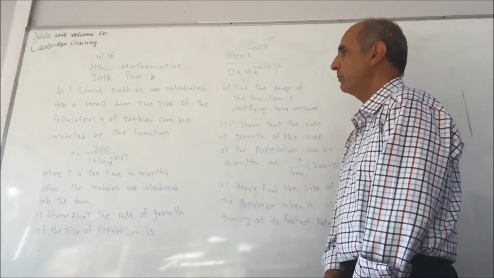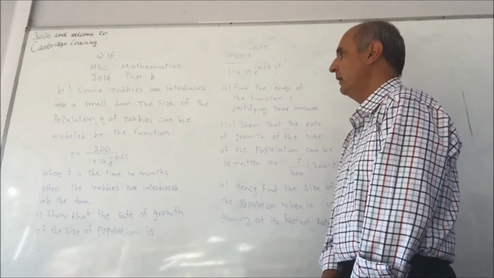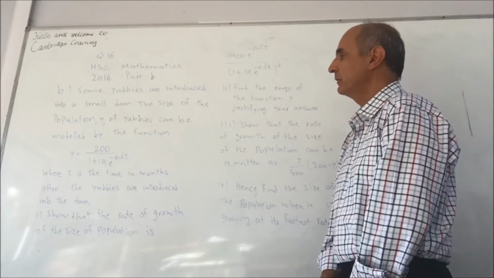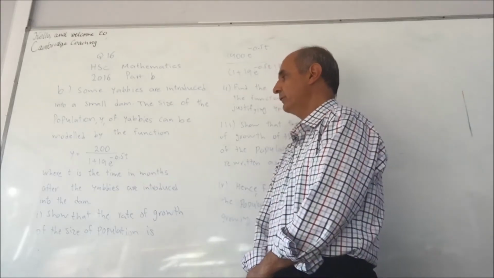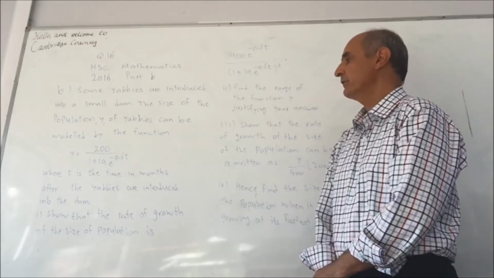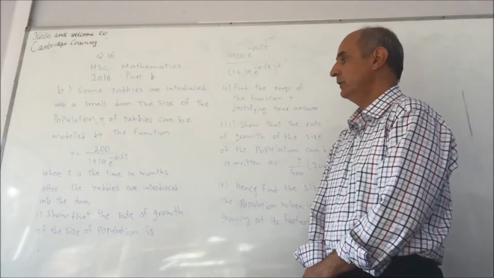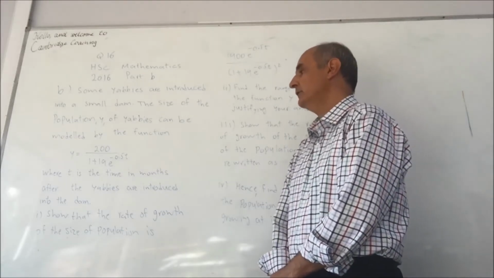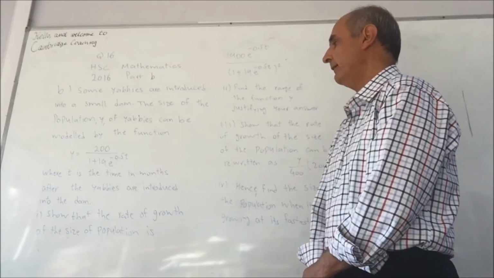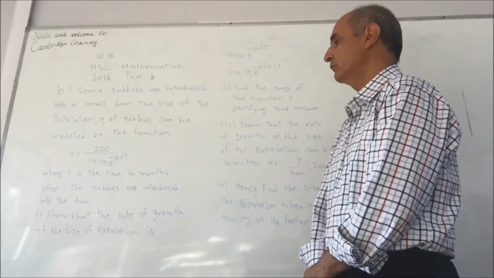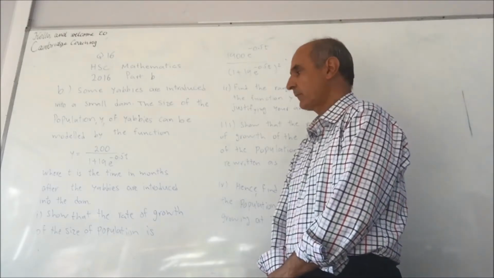The size of the population y of yabbies can be modeled by the function y equals 200 over 1 plus 19 times e to the minus half t, where t is the time in months after the yabbies are introduced into the dam.